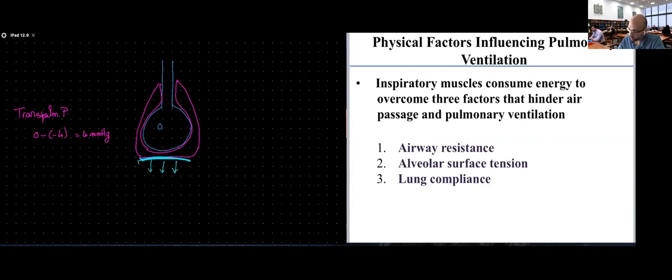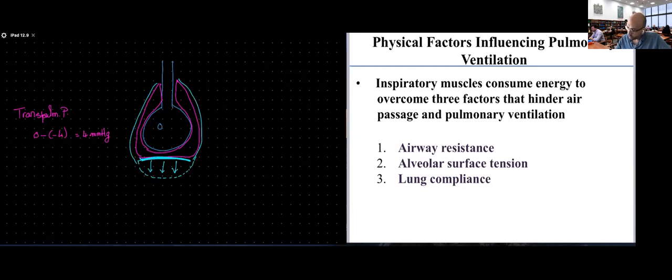When the diaphragm contracts, what does this do to your chest? The chest volume is going to be increasing. Also, when you contract the intercostal muscles, this will cause the elevation of your ribs. I'm expanding the volume of my chest.